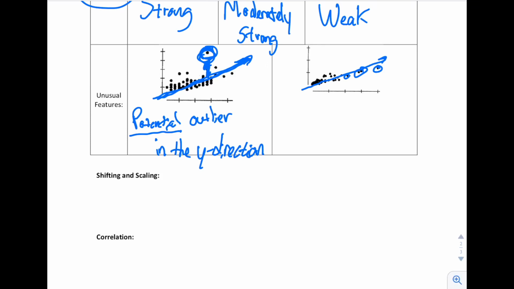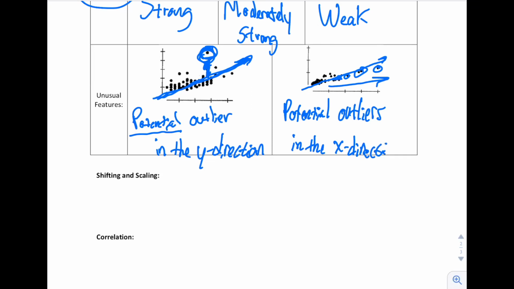But we have a few potential outliers. Now these are different because they're farther out in the x direction. You can see that they're farther out this way to the right. So we say they're potential outliers in the x direction.